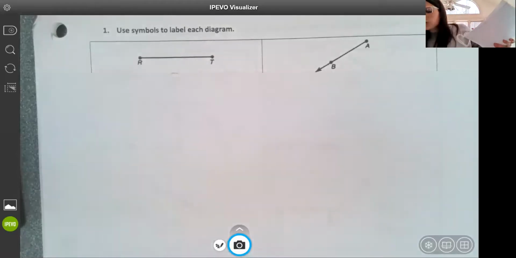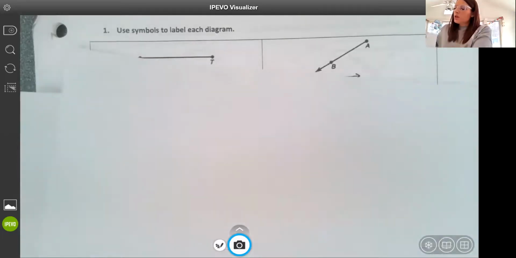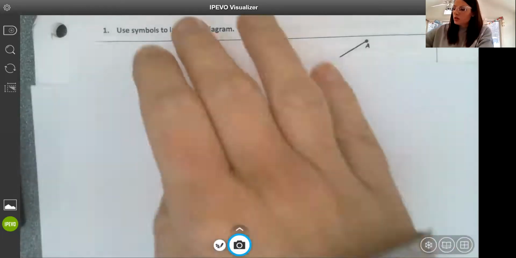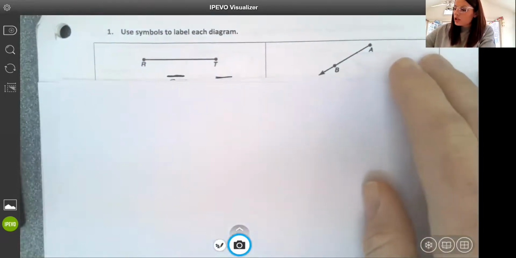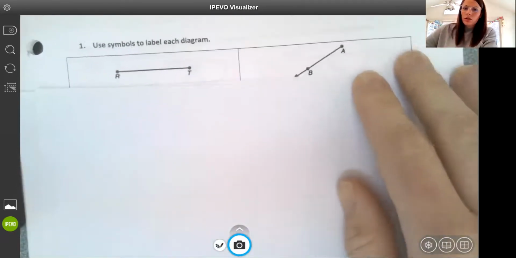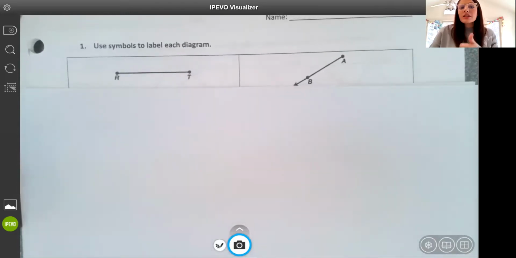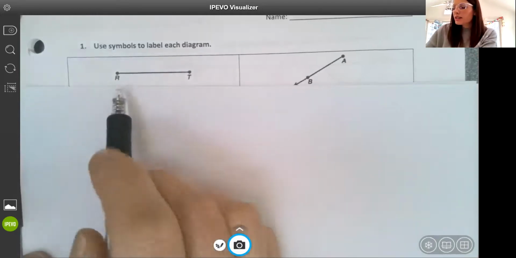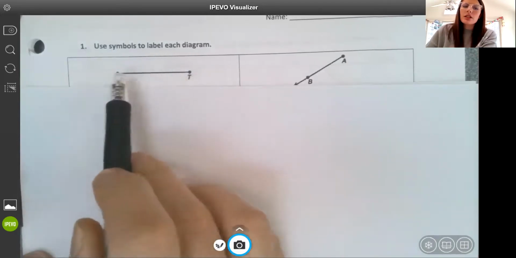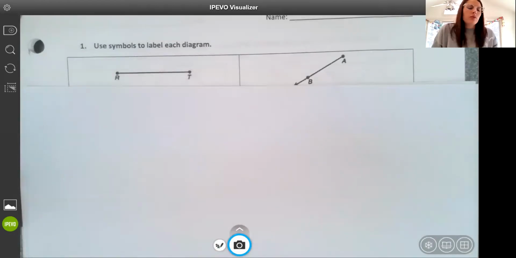Okay, so is our first one here a line, a segment, or a ray? It's a line segment, so it has no arrows. Now, when we label it, does it matter if I call it RT or TR?